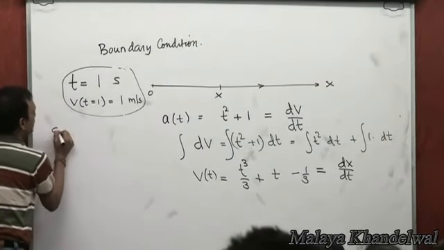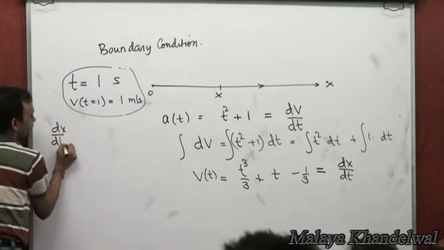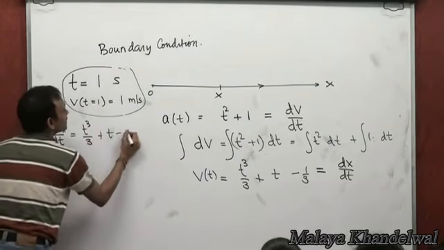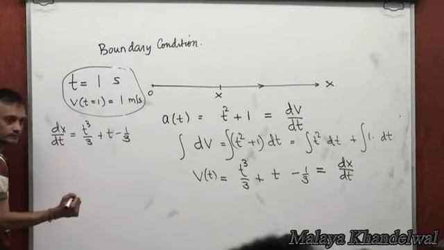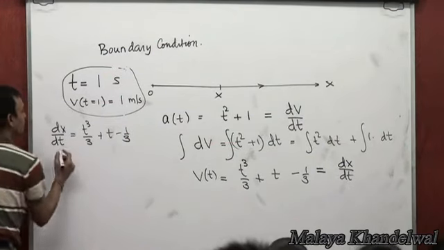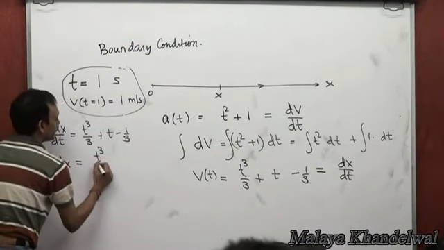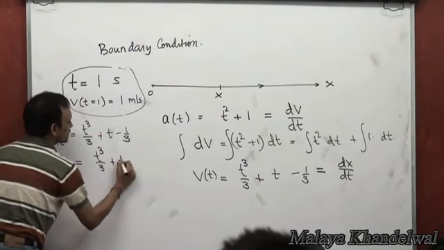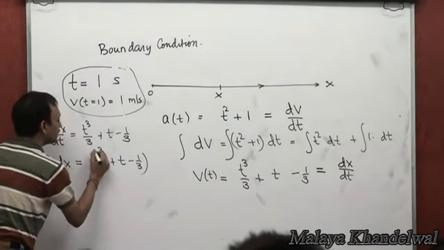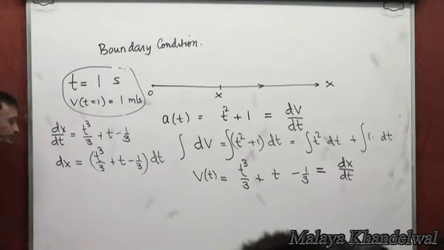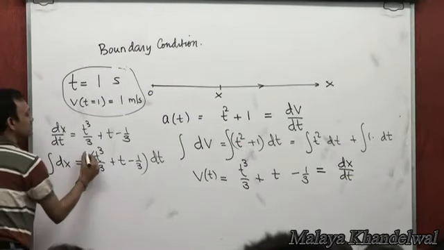So then we have dx dt as t cubed by 3 plus t minus 1/3, right? Or dx then is t cubed by 3 plus t minus 1/3 dt, right? Integrate this.